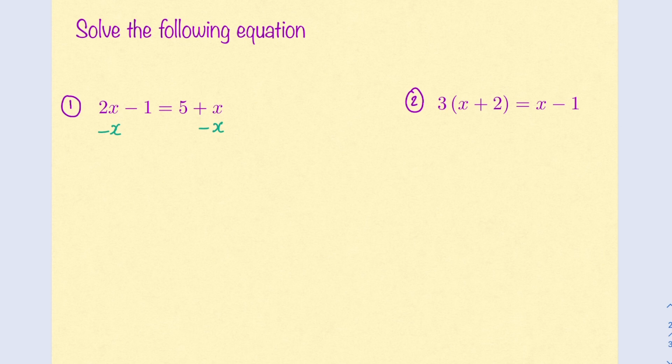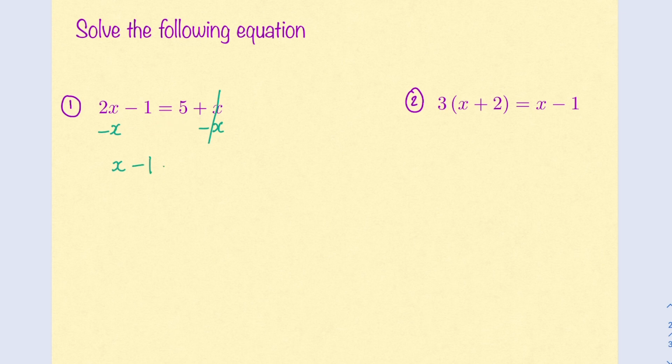On the right, plus x minus x equals 0, so cross it out. On the left, I have 2x minus x, so I'm left with 1x, which I'm going to write as x, and everything else, minus 1 equals 5, needs to move down.